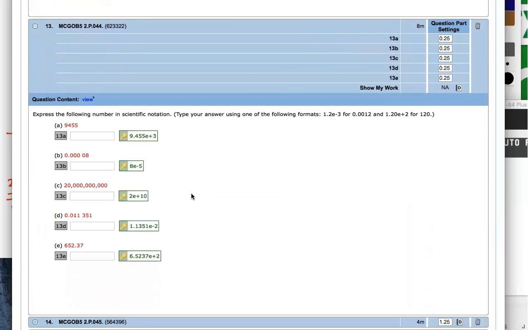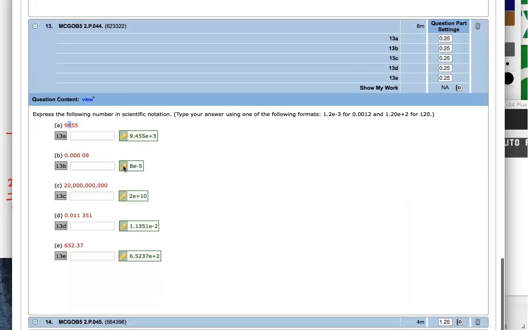Here we go. Express the following number in scientific notation. And so this one reads 9,455, and so you just write 9.455 times e to the plus 3. So it's not anything fancy. Don't put times 10 to the or anything, just e plus 3.